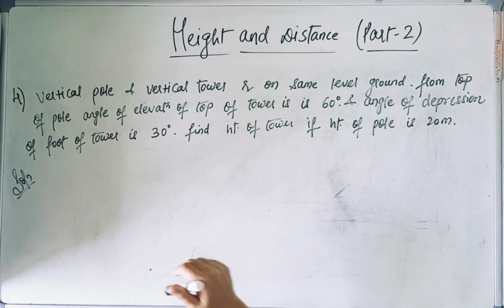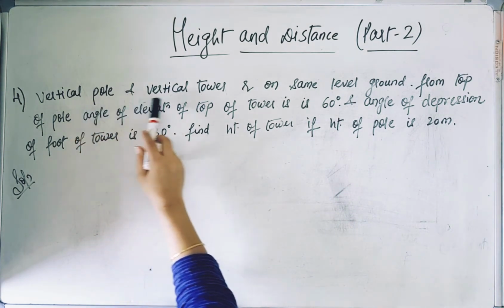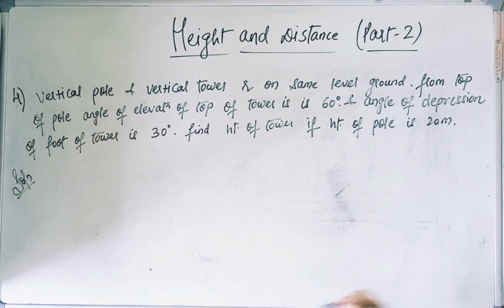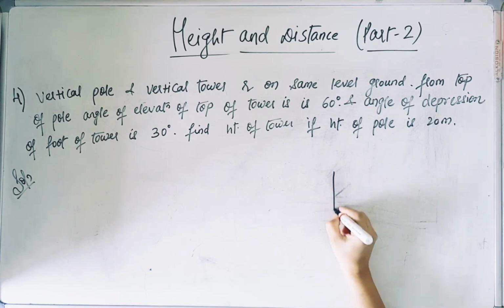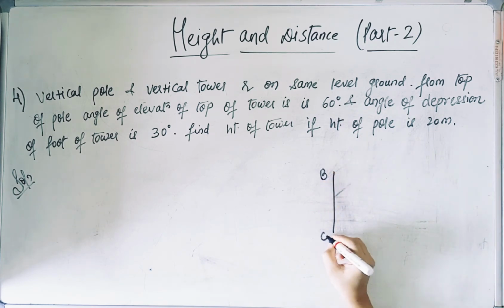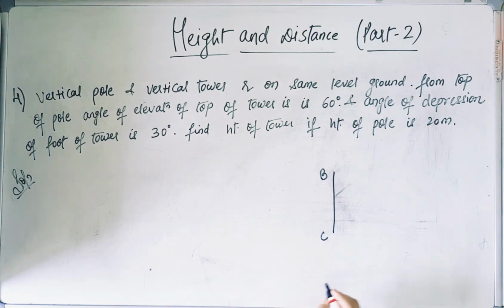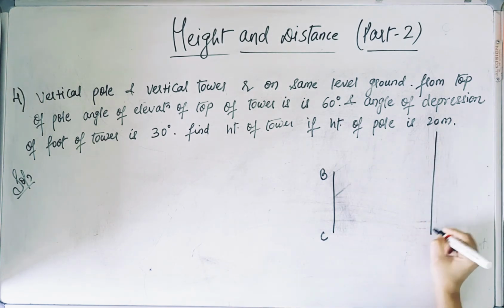Now see, the question is: a vertical pole and a vertical tower are on the same level ground. Let's suppose this is level ground. So here, this is the vertical pole. BC is the vertical pole, I'll assume. And this AE is the vertical tower.